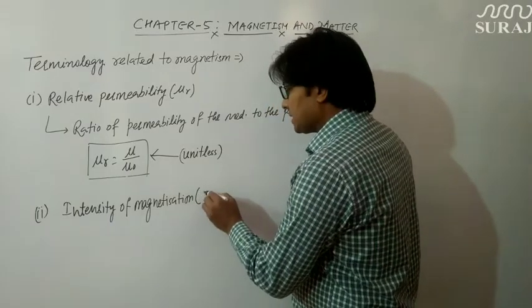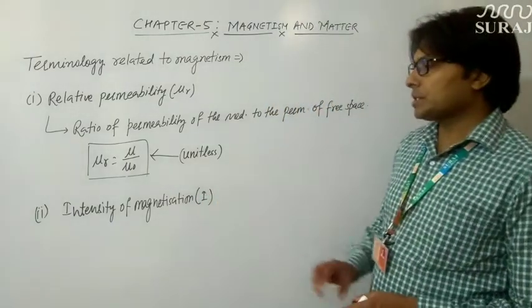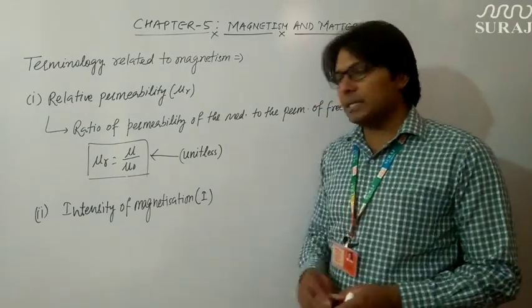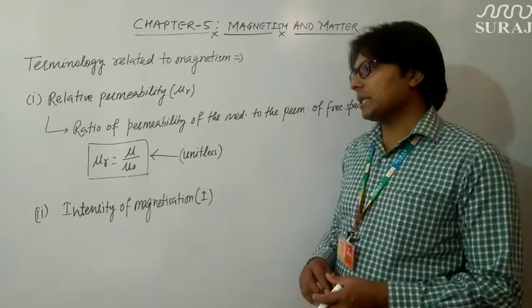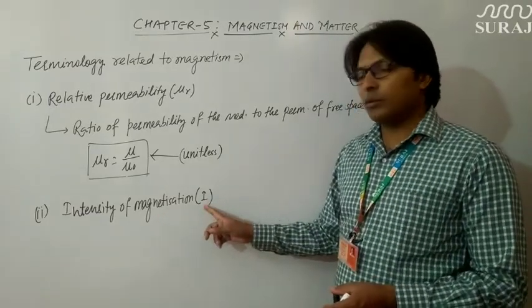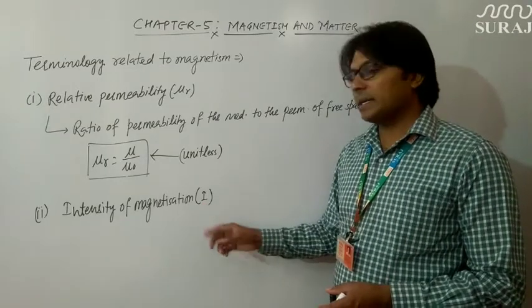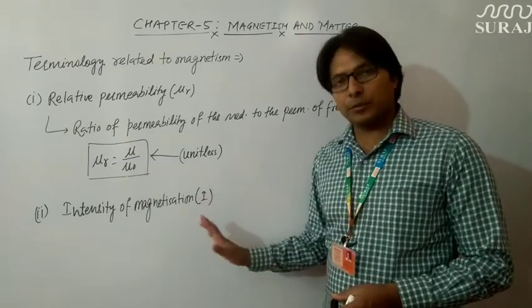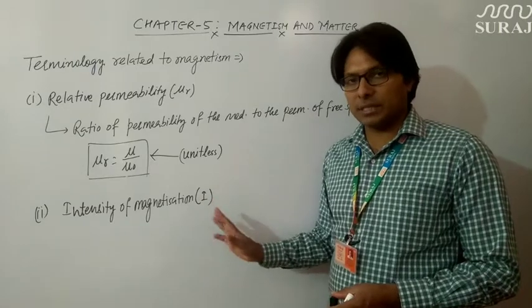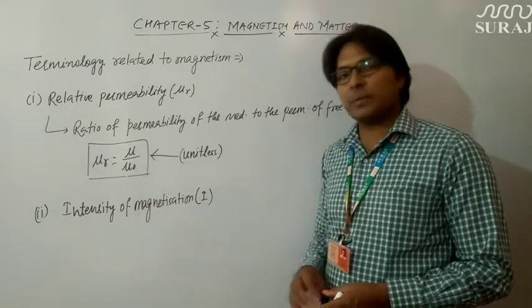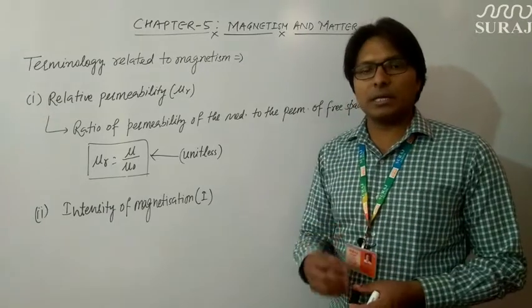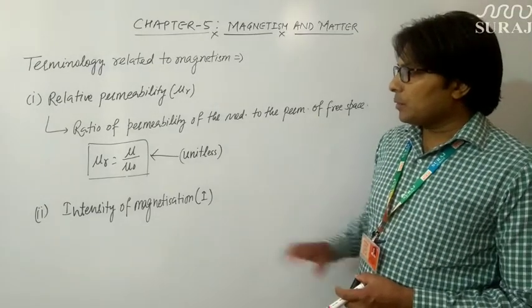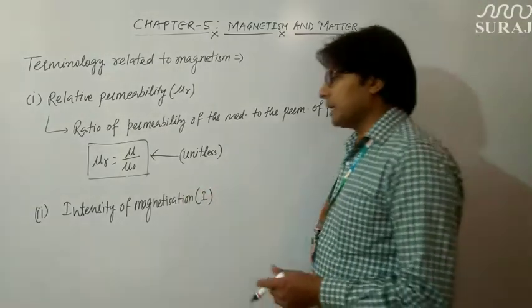Intensity of magnetization is denoted by capital I. You must take care that whenever we are simultaneously using current and intensity of magnetization, intensity of magnetization will be represented by capital I, and current will be represented by small i. So you need not be confused that small i and capital I are the same. Capital I we are using for intensity of magnetization in this chapter, and small i for the current.